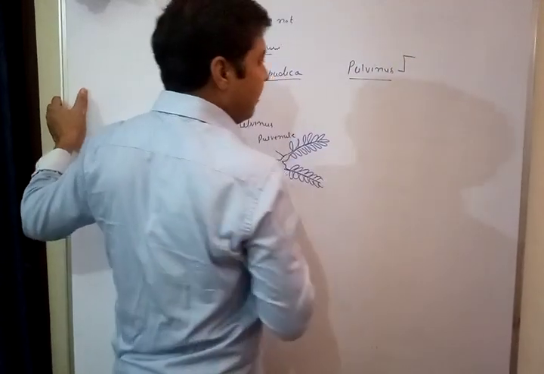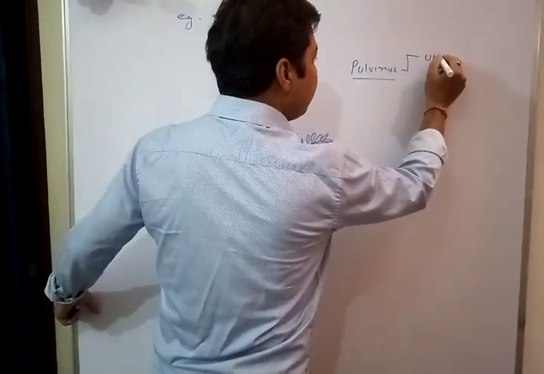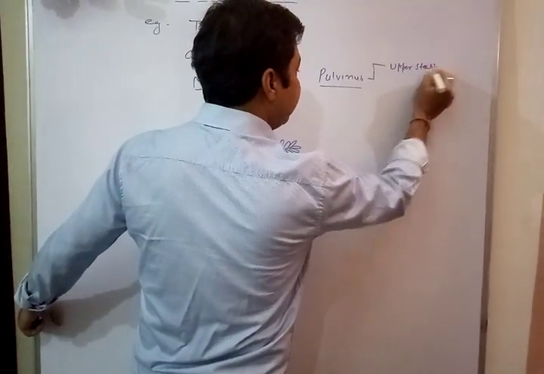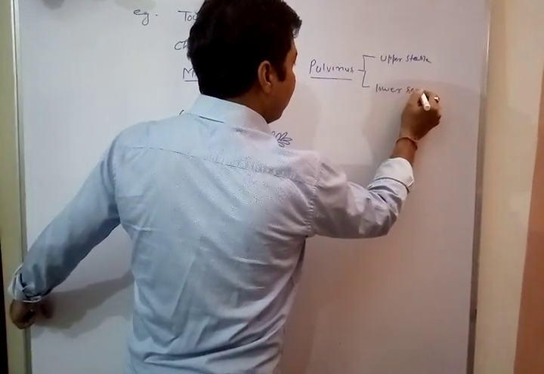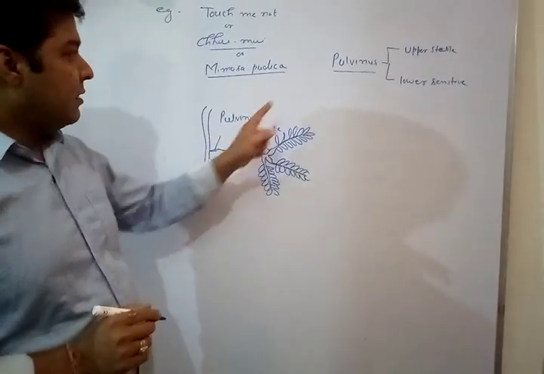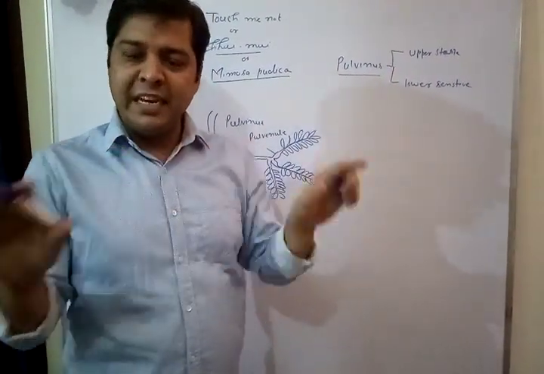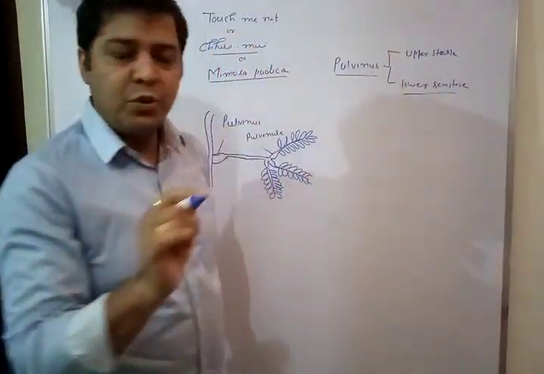Pulvinus has two parts, an upper stable part and a lower sensitive part. In the upper stable part we don't see any kind of changes, but the lower sensitive part plays a crucial role.